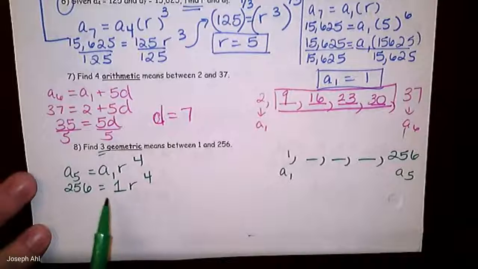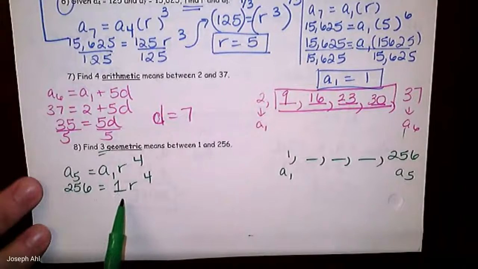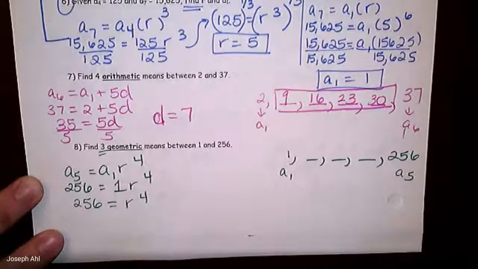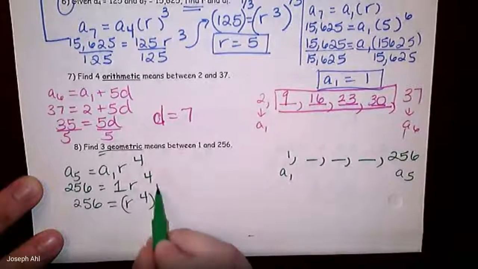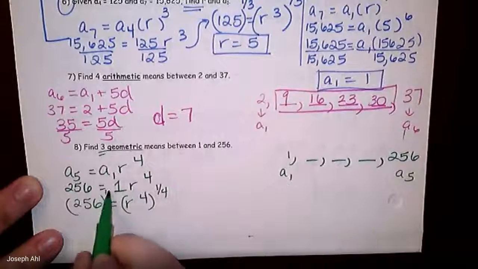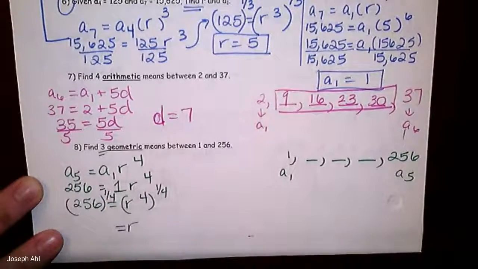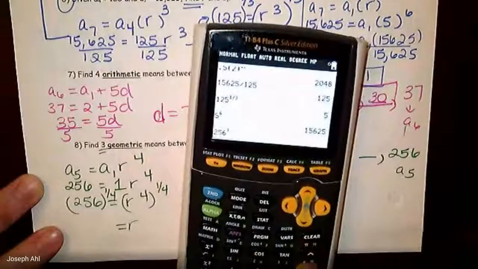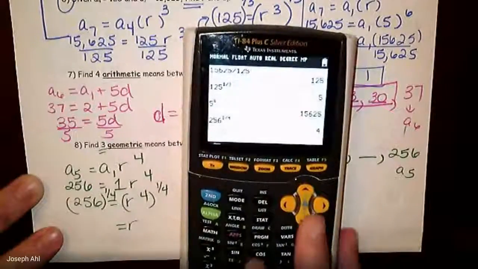You would technically start by dividing both sides by that A1 value, but dividing both sides by 1 doesn't change anything, right? You get 256 equals r to the 4th. And remember, the operation to get rid of the 4th power is raise it to the 1/4. So 256 raised to the 1/4 power is 4 in this case.